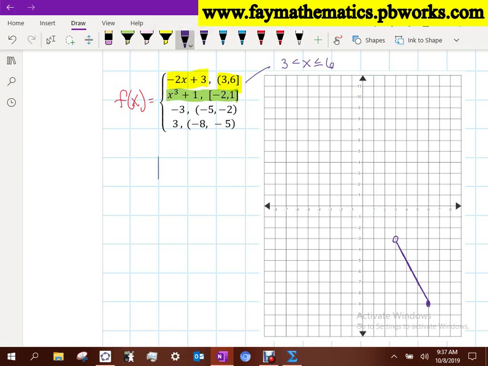I gave you this graph, and we had 0, 0 on it. We had 1, 1 on it. We had 2, 8. -1, -1, and -2, -8, right? My hope is that we've committed that to memory. When I see x cubed, that jumps out right away. Well, let's think about what that rule says.